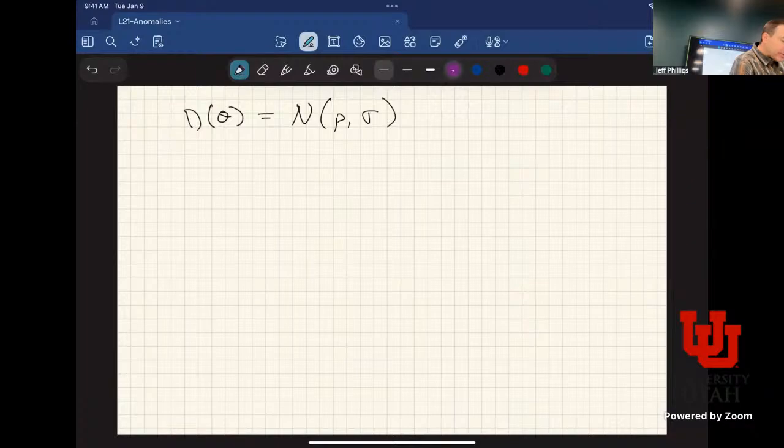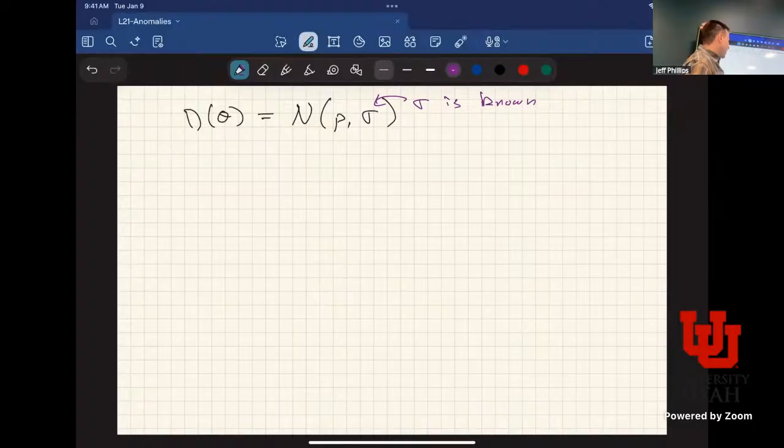And I'm going to assume that that sigma is known. When I say normal noise, often there's a mean and then there's a standard deviation or a variance. And I'm going to assume the variance is known. If I don't assume it's known, it's going to cancel out for most of it, so it's not going to be too important.